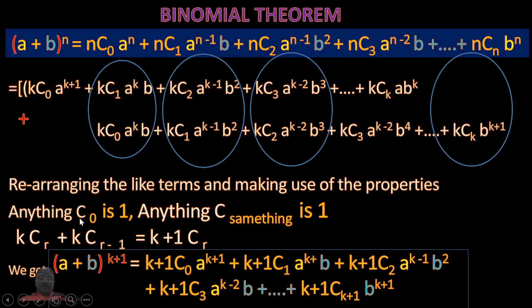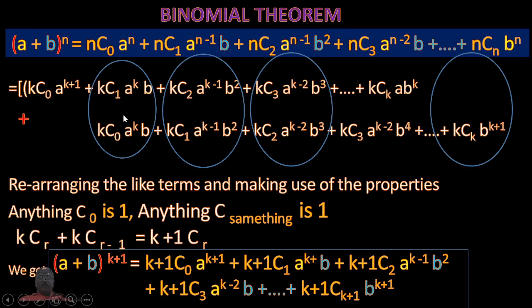Everything is C0, and anything C0 is 1. Anything C itself is also 1, we know from the other side of Pascal's triangle. The other slope also gives you 1, because anything C itself is 1. So these three things we are using here.